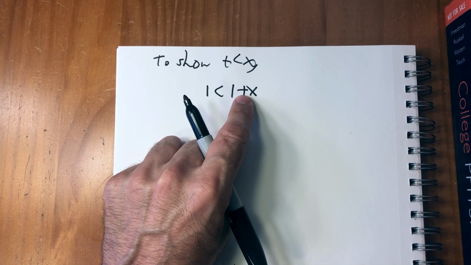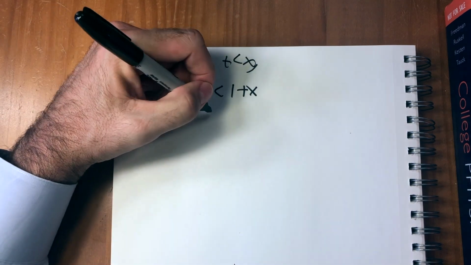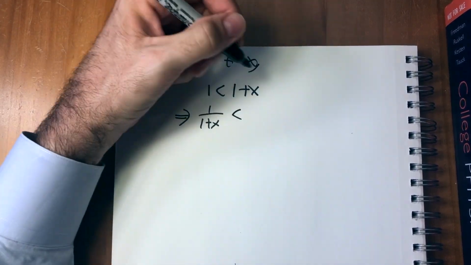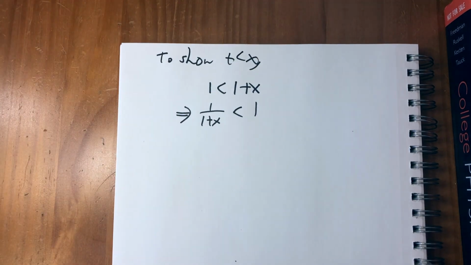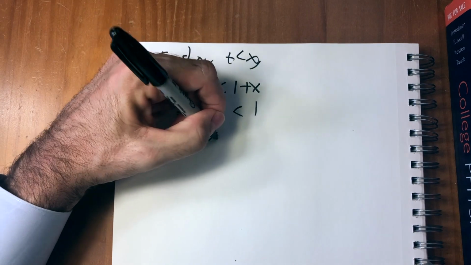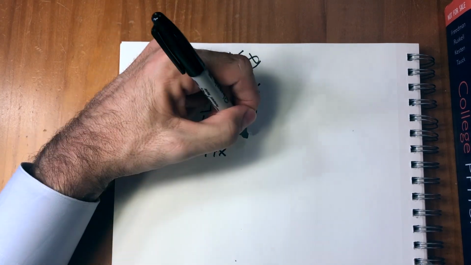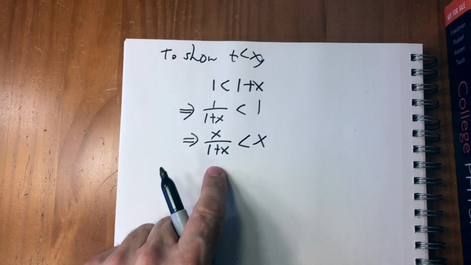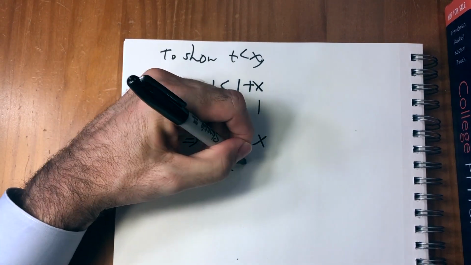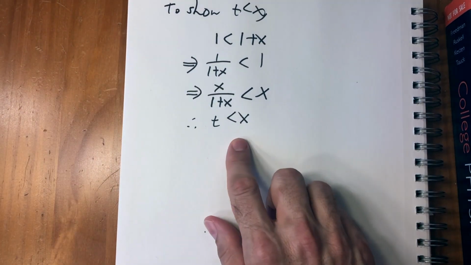So then divide through again, and we have 1 divided by 1 plus x is less than 1. Then we multiply both sides by x, and we get x over 1 plus x is less than x. This is just t. Therefore, t is less than x.